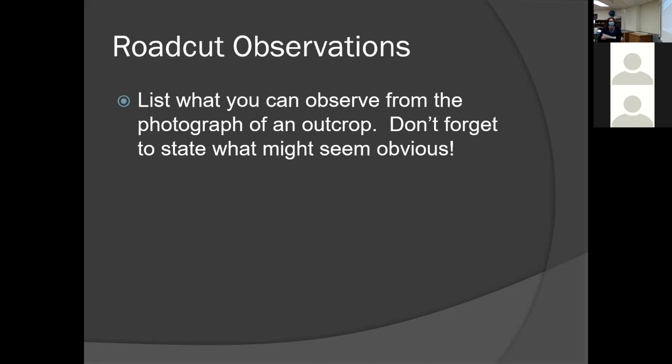Tell me what you notice about these road cuts. So those of you at home, they have pictures of rocks alongside the road. And they're just making physical observations about what they see.